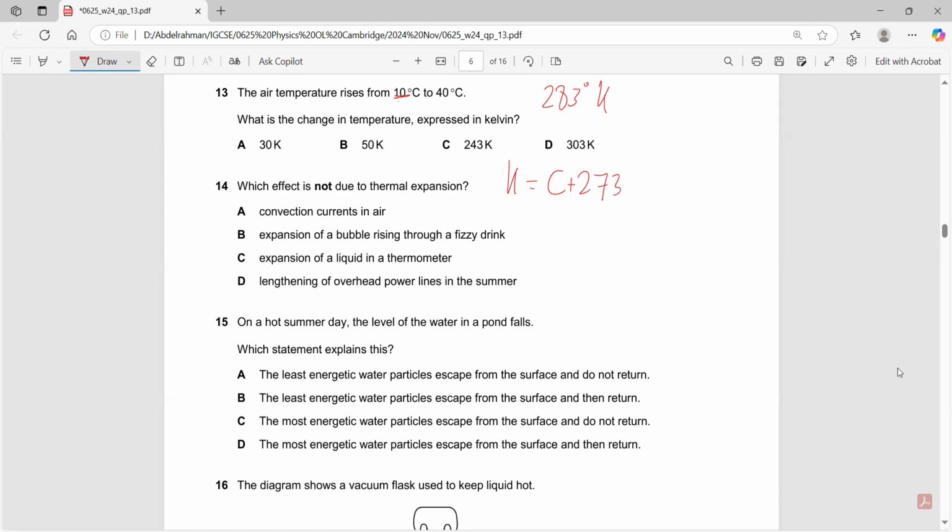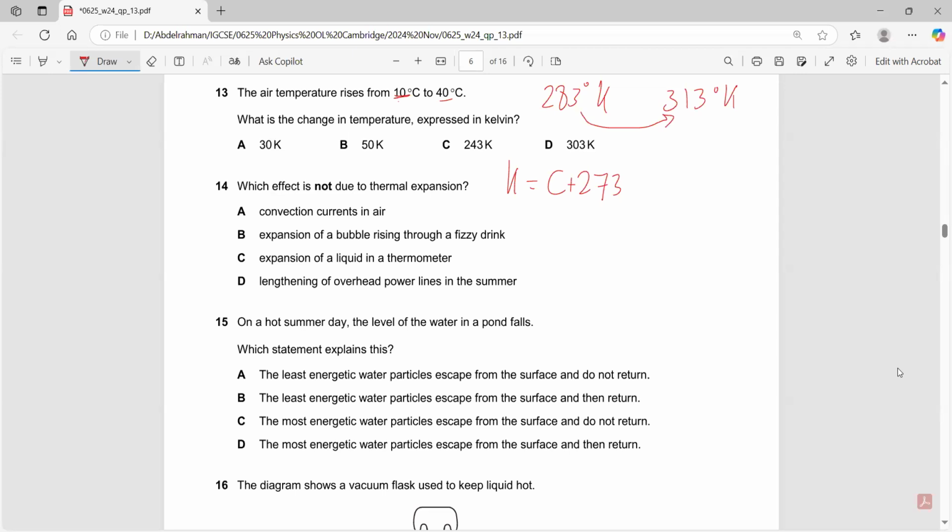So I added 273. What about 40 degrees Celsius? 40 plus 273 is what? It is 313. So 313 degrees Kelvin. So it changed from 283 degrees Kelvin to 313 degrees Kelvin, right?